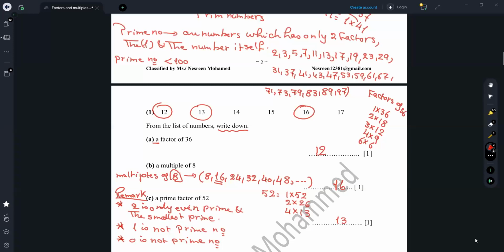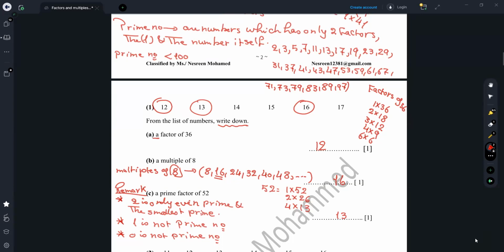Prime numbers are numbers which have only 2 factors, the one and the number itself. And we list together prime numbers smaller than 100, and we say some hints that 2 is the only even prime number and the smallest prime. 1 is not a prime, 0 is not a prime.